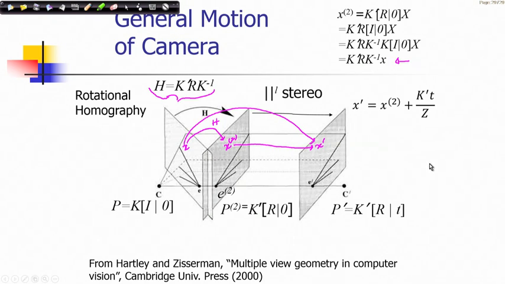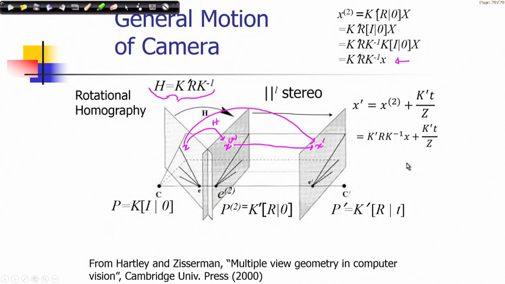Use the previous result, where it was x 2 was earlier x and this was k, but now the calibration matrix of these two setups is k prime. So, it is x 2 plus k prime t by z. So, again if I use the homography relationship between x and x 2, it would be k prime r k inverse x plus k prime t by z. So, that is how x prime and x are related.